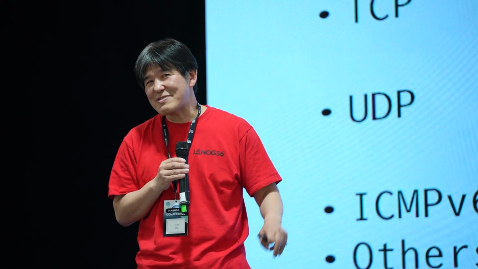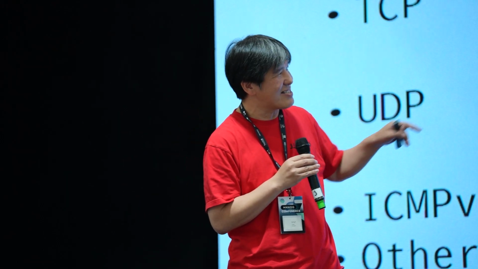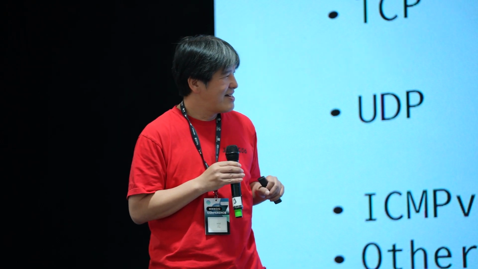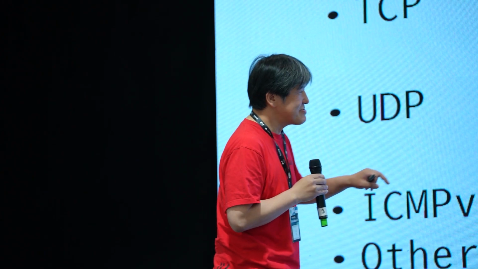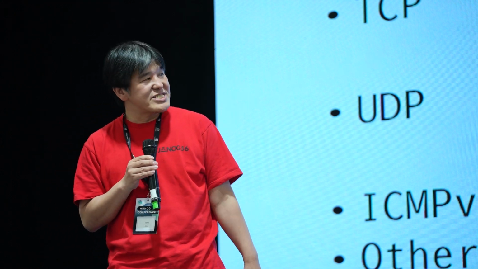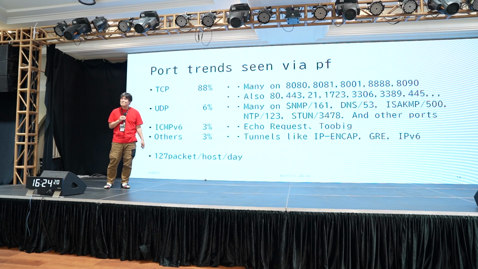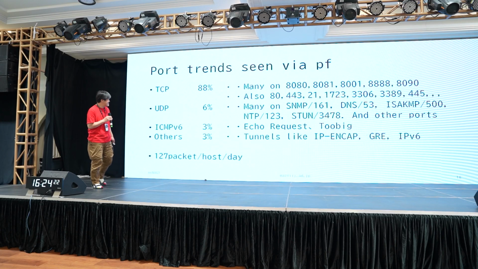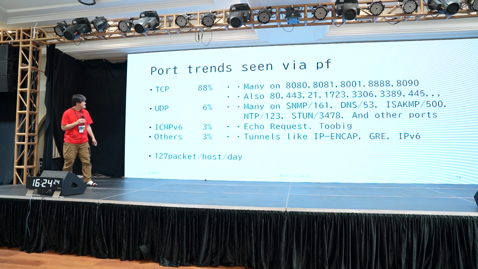So kind of the proxy port or web-related services are targeted in this case. And also tunnels are very common as well. IP encap, GRE, IPv6 in IPv6, right? Each targeted host received 127 packets per day.